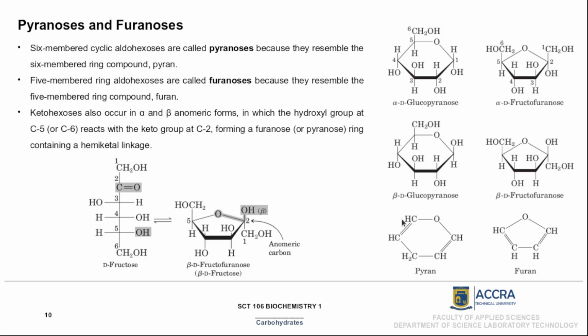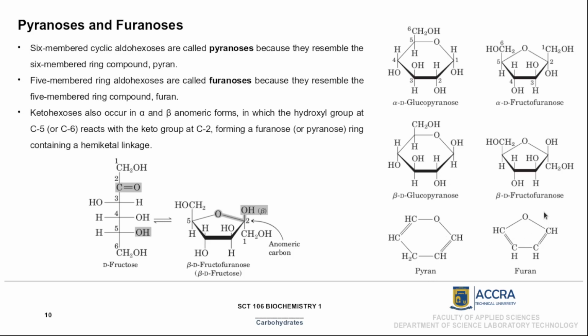If you take a close look at the ring of pyran, there is this similarity with the ring of glucose, and thus glucose is referred to as glucopyranose, and thus it is a pyranose. So all monosaccharides having ring structures looking like the ring structure of pyran are referred to as pyranoses.